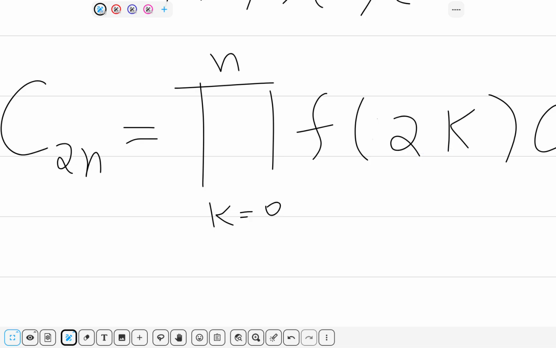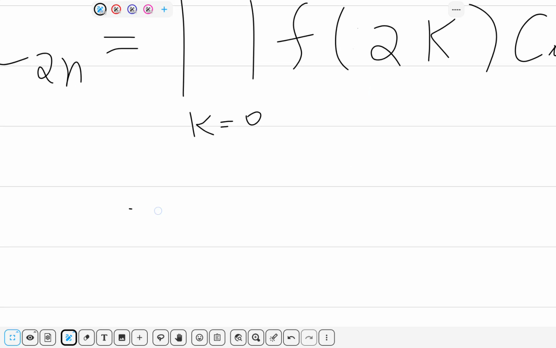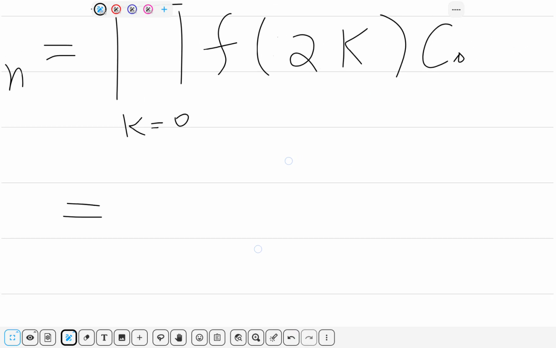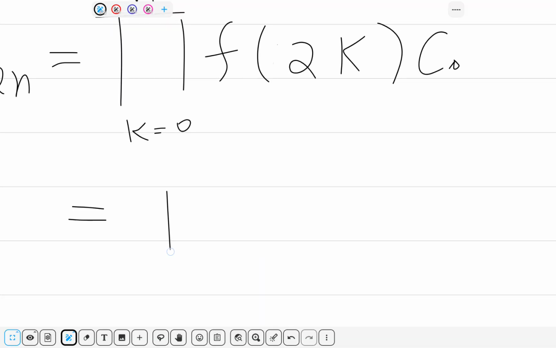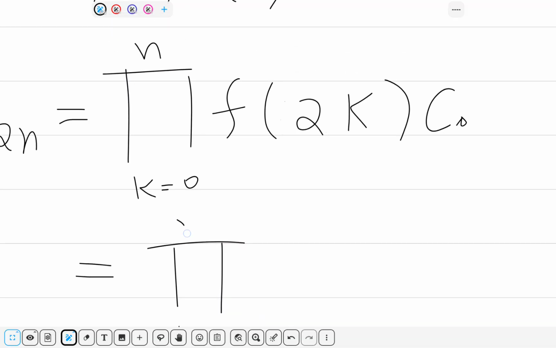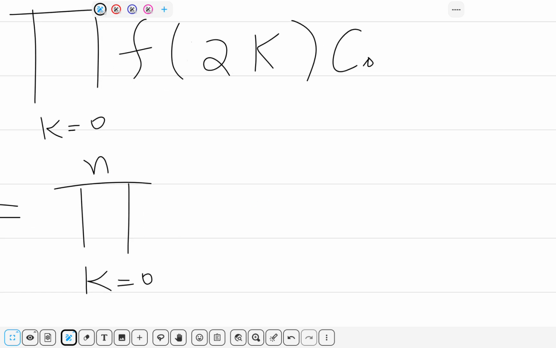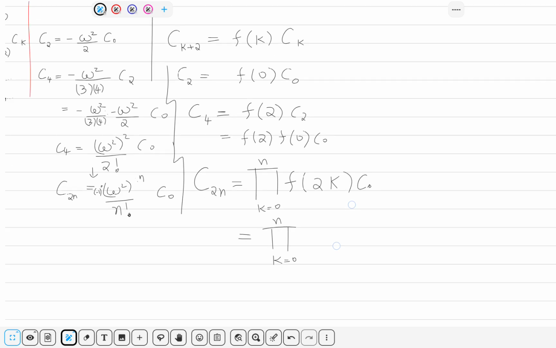If I do this, let us see how it would look. It will be the product from k equals 0 to n. I know for general how the k would look like.